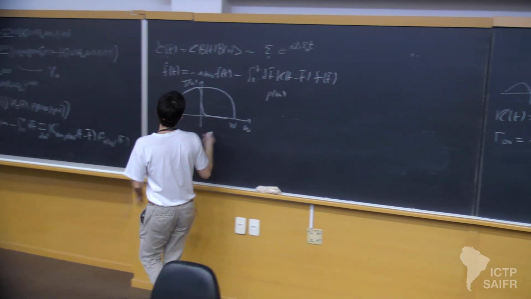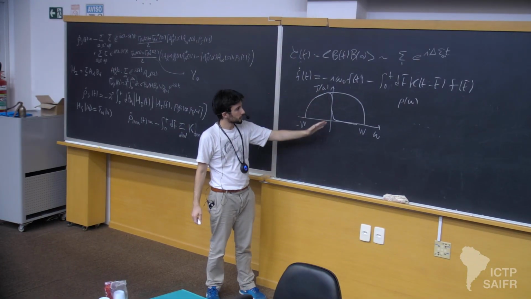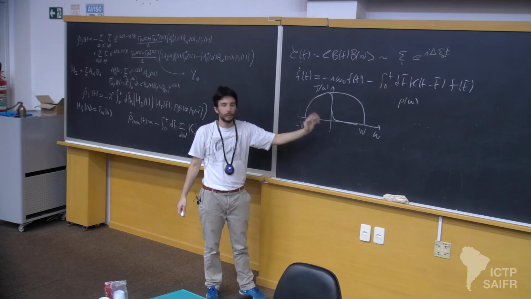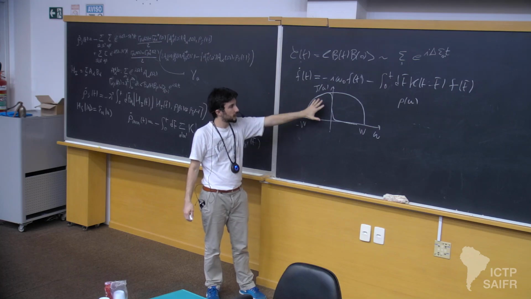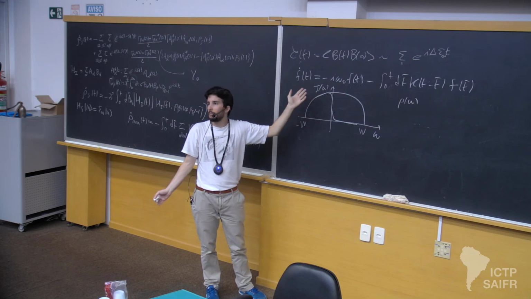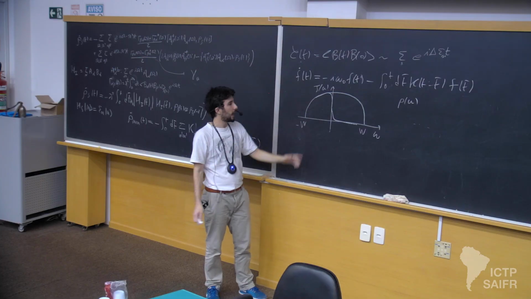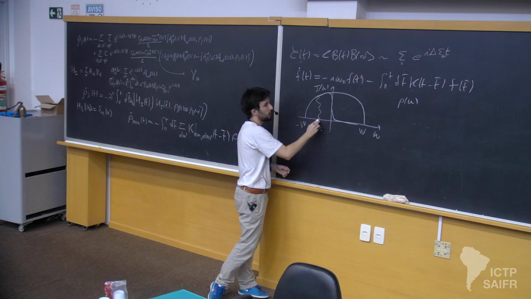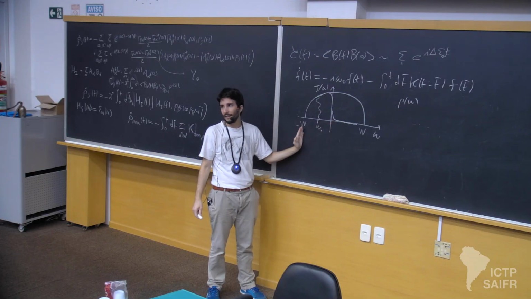This would be the case of very low temperature, and this environment can give rise to Markovian behavior as long as the frequencies of transitions are around here, so far from the Fermi surface and far from the edges.